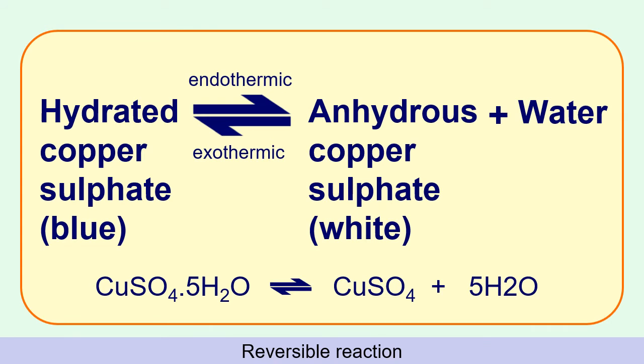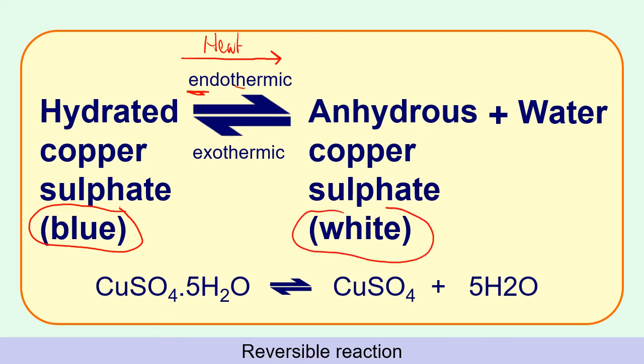So this hydrated copper sulfate that is blue takes in energy when you heat it, because here is the endo in heat, in energy. If I heat it, it goes this way and it produces white copper sulfate.